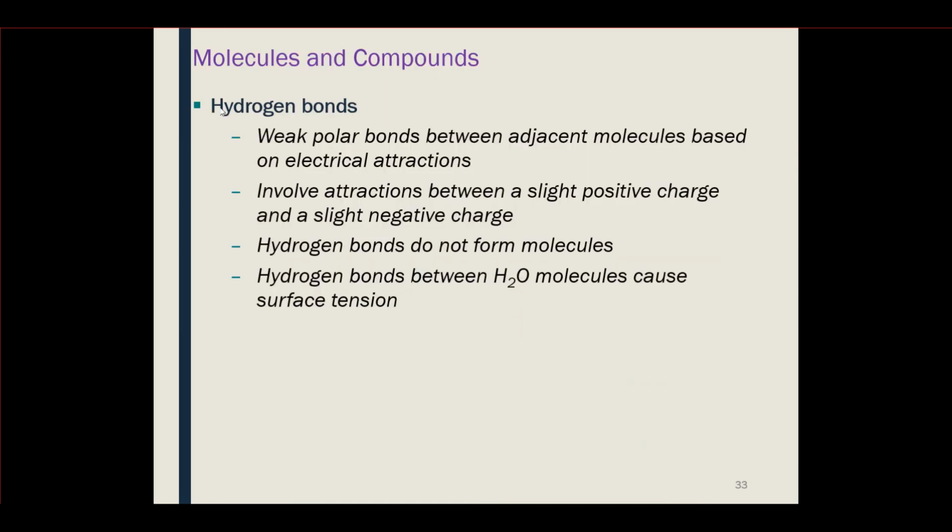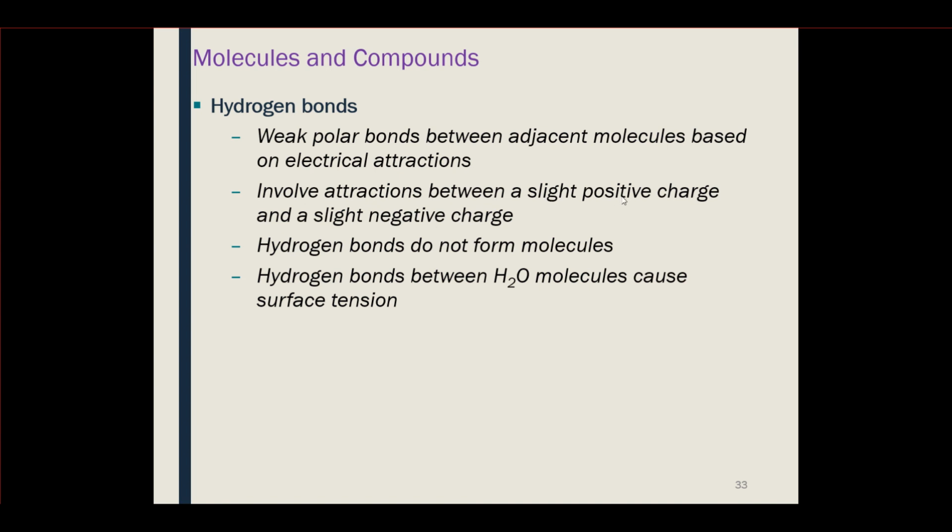Okay, so hydrogen bonds again are weak bonds between adjacent molecules. They don't form molecules. They're taking molecules that are already held together, and now the electrical attraction holds the molecules together. It involves the attraction between a slight positive charge and a slight negative charge.